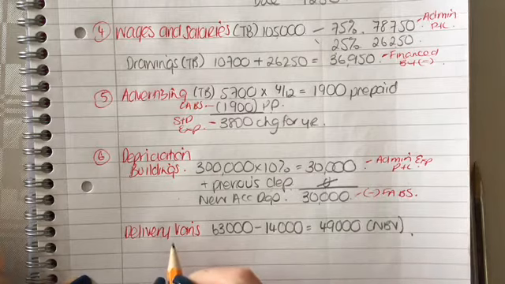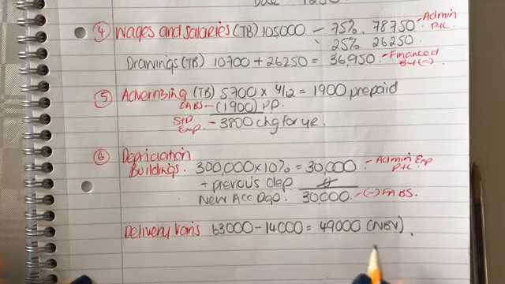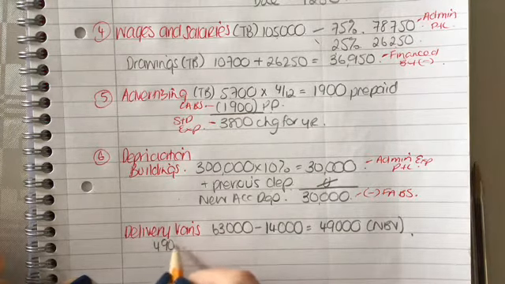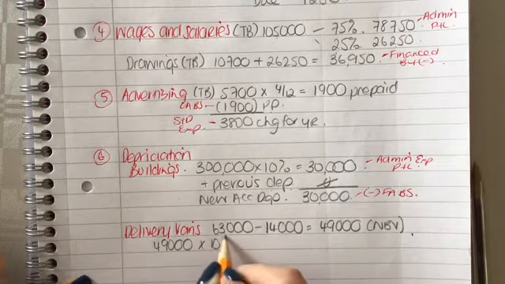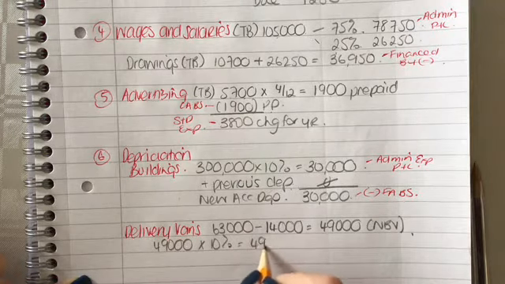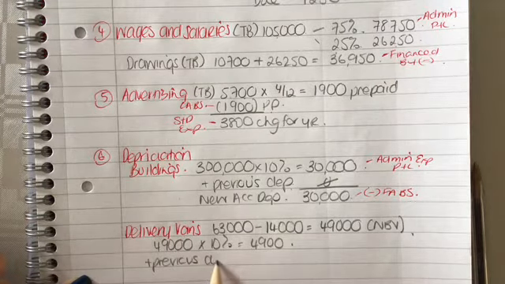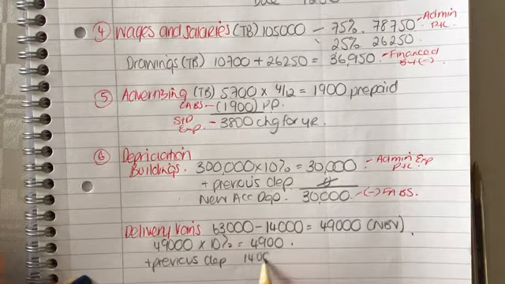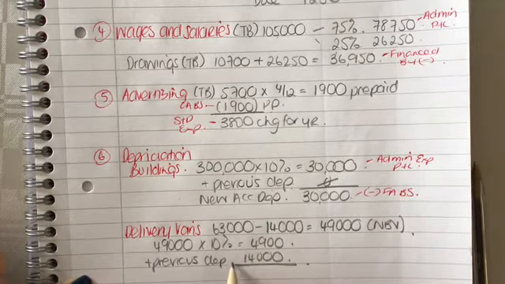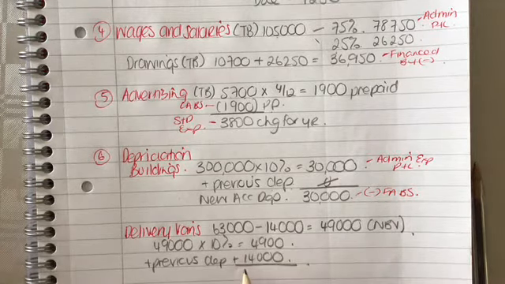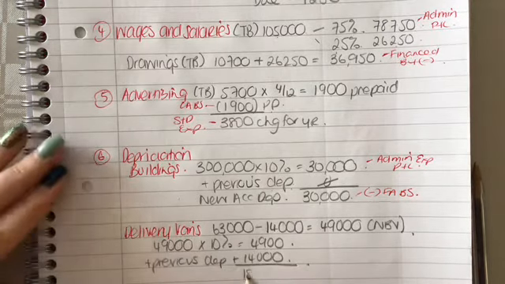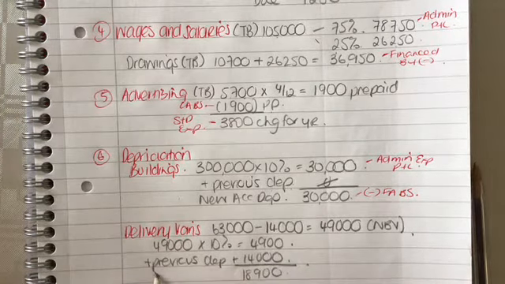And you are depreciating 10% of net book value. So 49,000 by 10%, which is 4,900. Add on your previous depreciation then, plus previous depreciation of 14,000, and that leaves your new accumulated depreciation being 18,900.